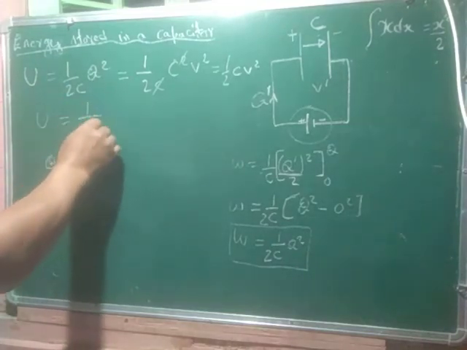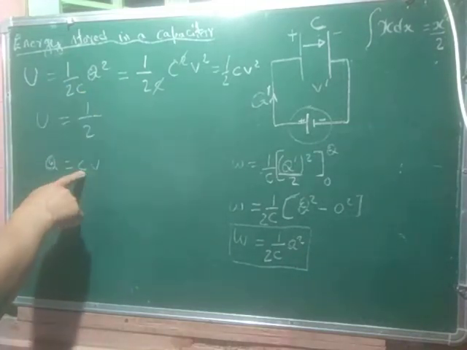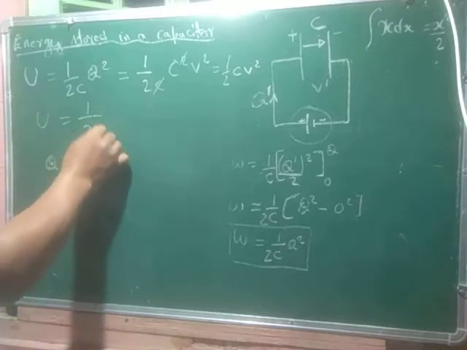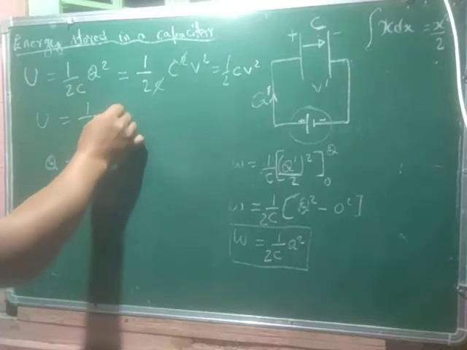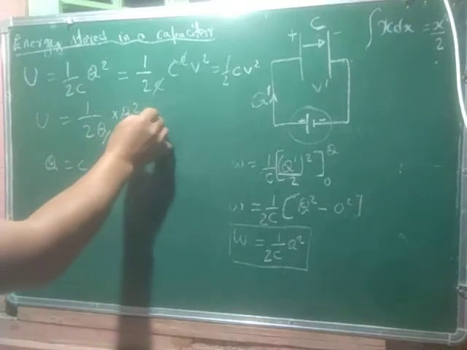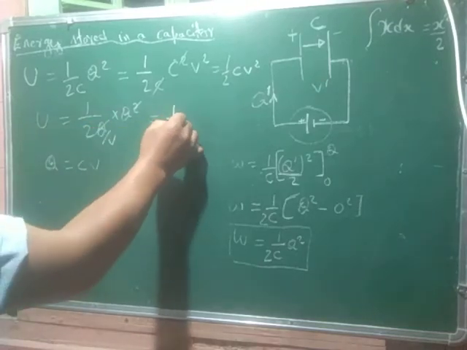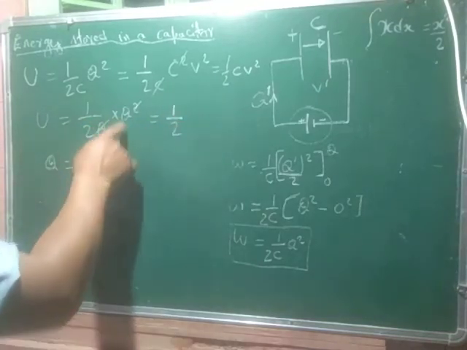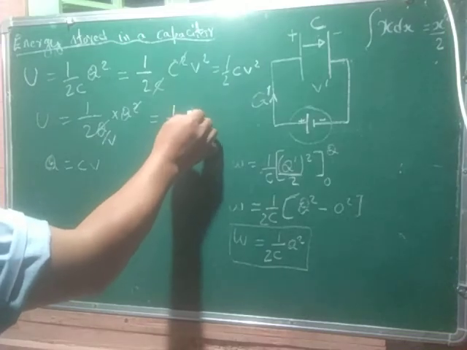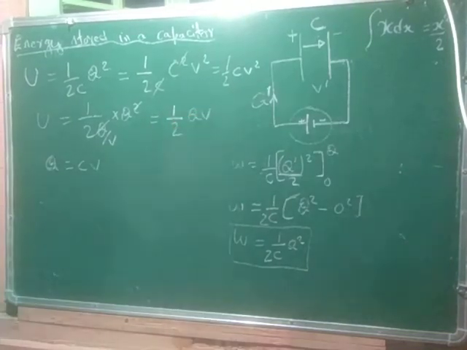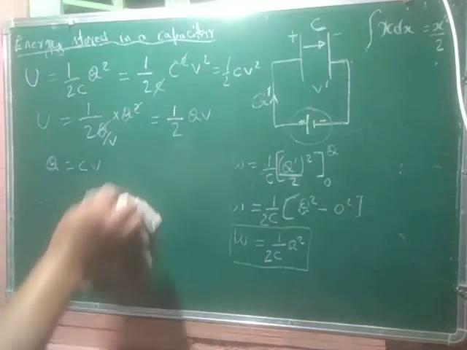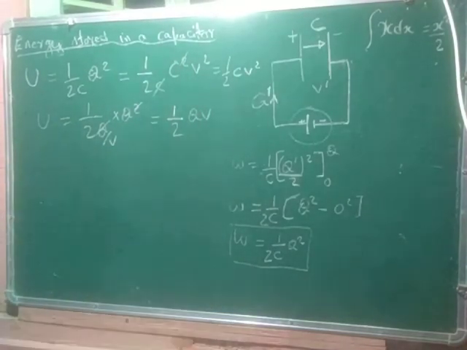Or again, in place of this C, I can write Q upon V times Q square. So this square cancels with this Q, and you'll have 1 upon 2, and the V taken up becomes QV. So this is the expression of the electric potential energy stored in a capacitor.